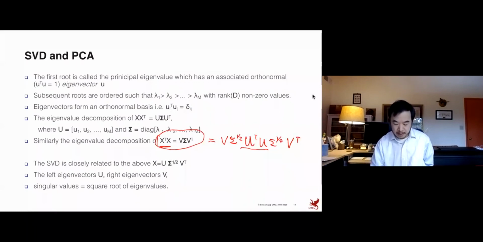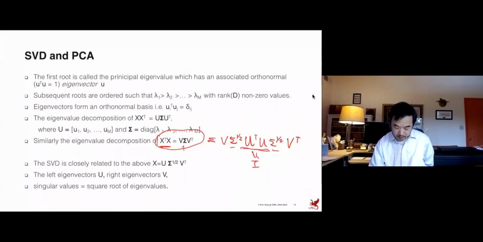And then I basically introduce U transpose times U, which actually leads to identity. And therefore, these two square roots of the sigma can actually be multiplied again to recover this. So this identity is basically straightforward.